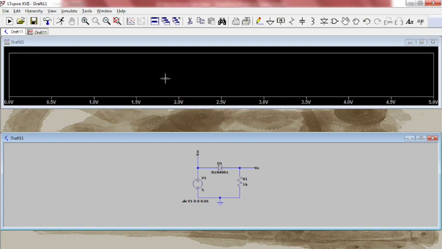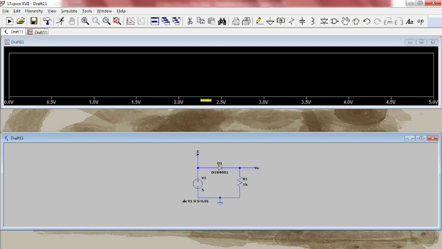But to get the VI characteristics, our x-axis should be the voltage across the diode. So we should change this x-axis from the source voltage to the voltage across the diode. How to change the x-axis to the voltage across the diode?